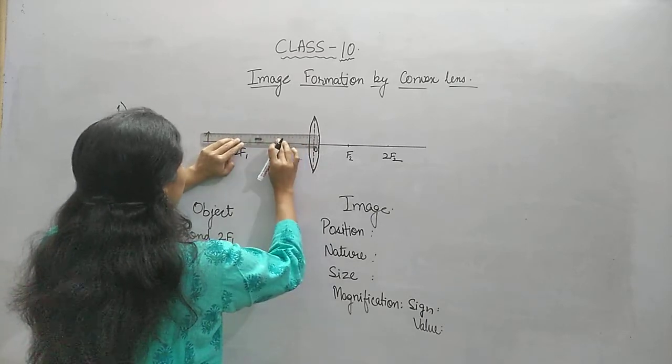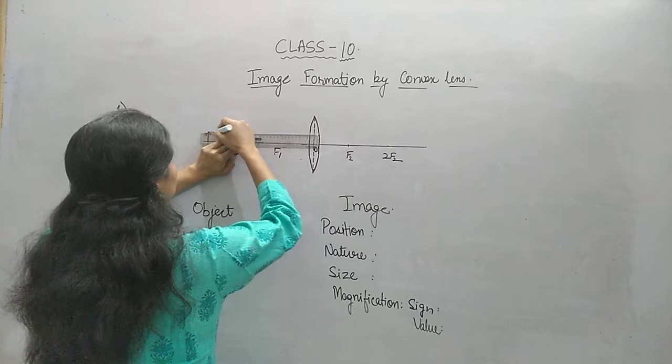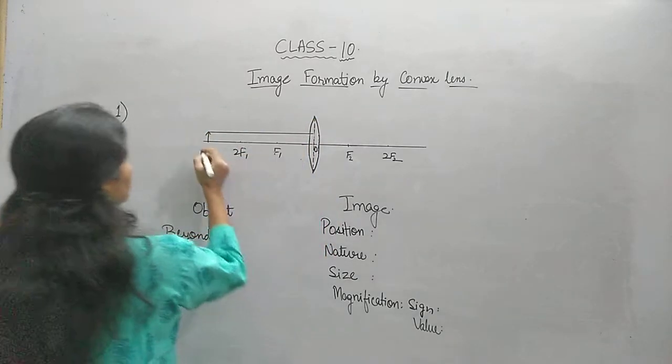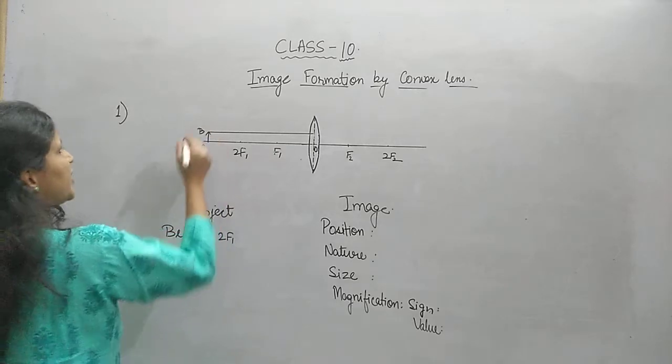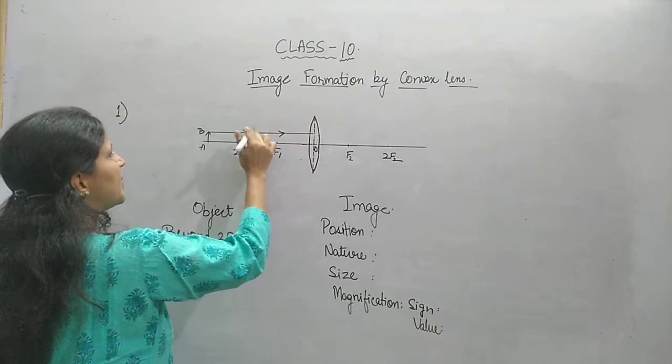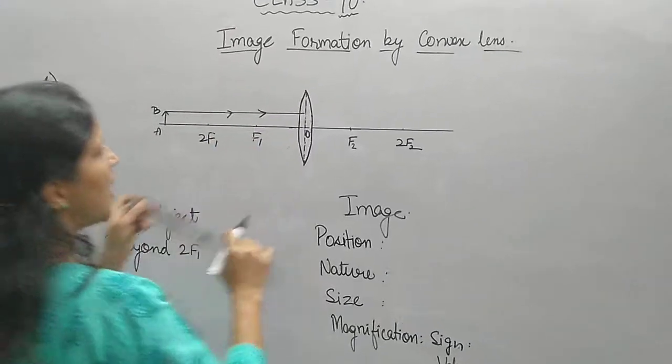Suppose I take a ray parallel to the principal axis from the object. Suppose this object is AB. The ray after refraction will pass through F2.